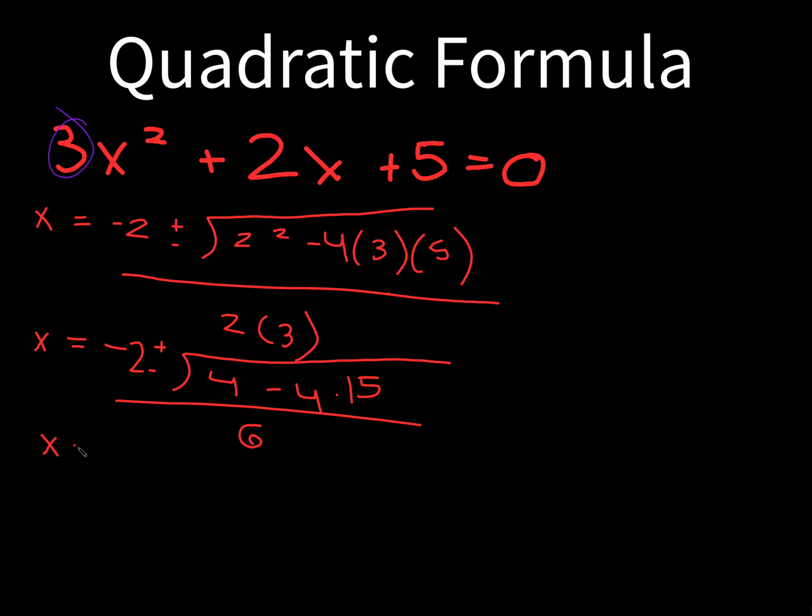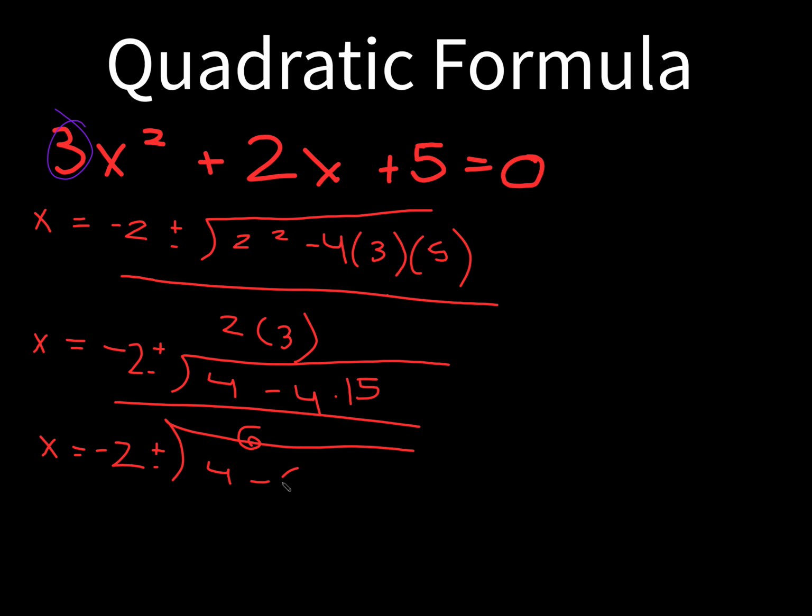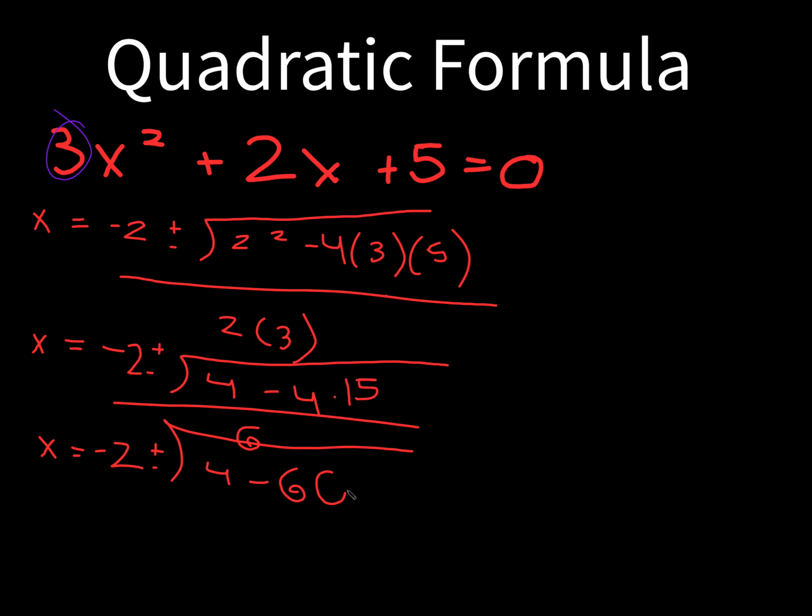Now, bringing down the beginning of the problem once again, I'm just going to start off with this and continue to work through what's in the square root. So I have 4 minus 4 times 15. That's going to be 60. As you can see, it's starting to give us a little trouble here, but I'll continue on with the equation, simplifying what's in this square root some more.